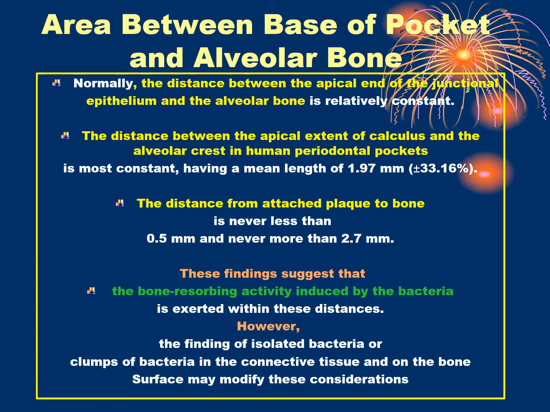The distance from attached plaque to bone is never less than 0.5 mm and never more than 2.7 mm. These findings suggest that the bone resorbing activity induced by the bacteria is exerted within these distances. However, the finding of isolated bacteria or clumps of bacteria in the connective tissue and on the bone surface may modify these considerations.